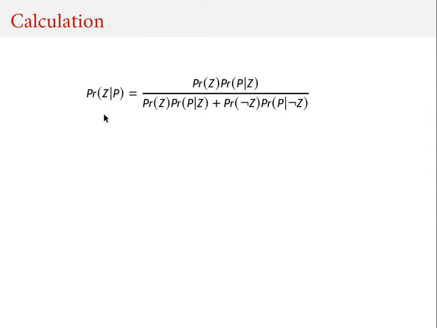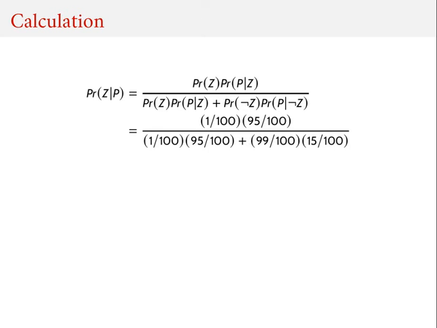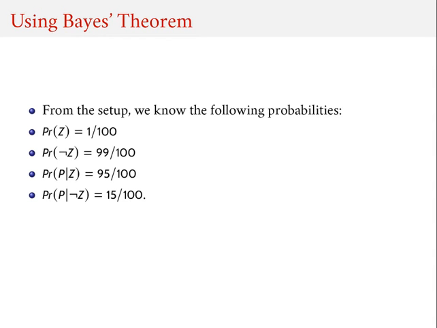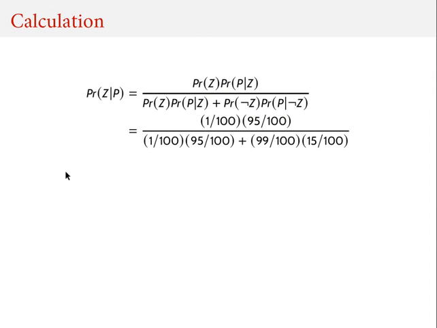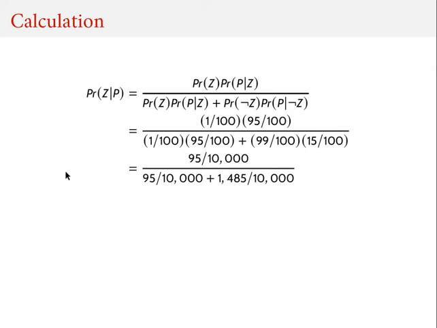So here we apply the theorem to this case. We're wondering about the conditional probability of Z given P, and this is what the theorem tells us it is equal to. The rest is simply filling in these numbers from the setup. Here I've just substituted in the numbers to where these probabilities occur, and the rest is just math.